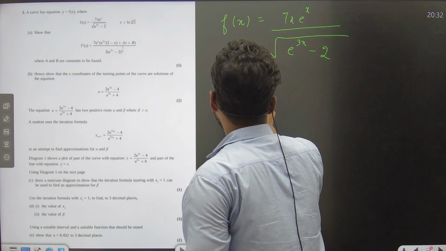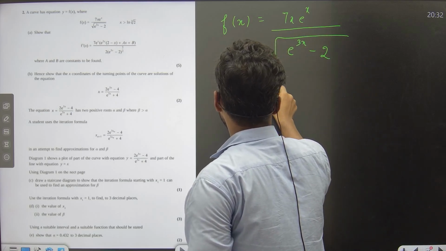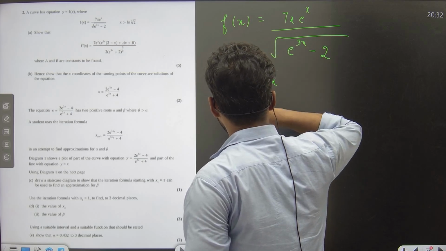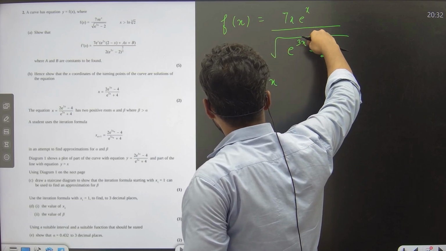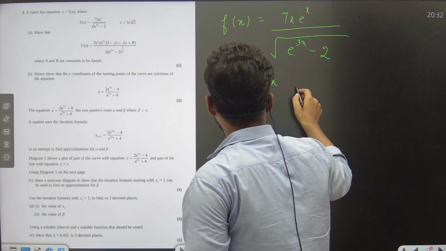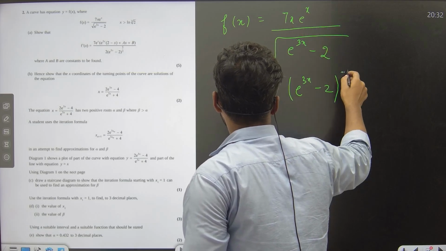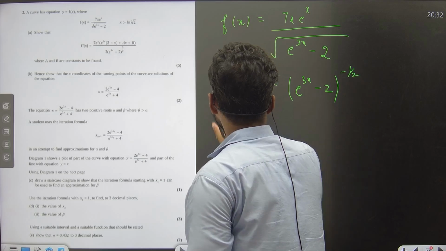Can we write this part as 7x e raised to the power x? If we take this denominator to the numerator, we can write this part as e^(3x minus 2) raised to the power negative 1 by 2. This is what f(x) is.